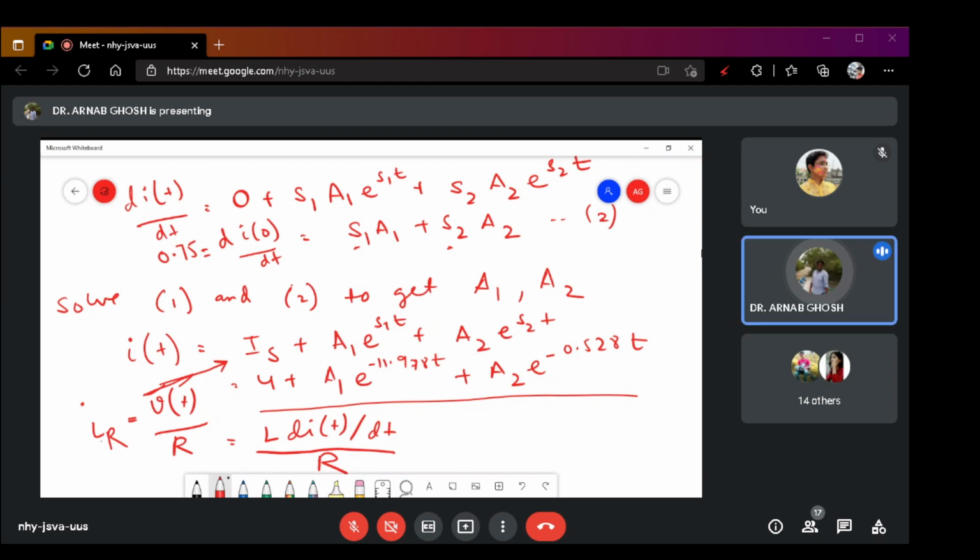So is this clear? This is about the forced response and how you solve the numericals of forced response. I have shown you with the overdamped condition, so the things will be the same. So just remember what you have to do. You have to put this into the formula. You just learn the general equation. Once you get the general equation, I think this will be very easy to solve.